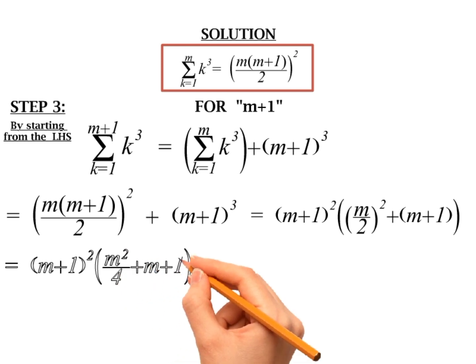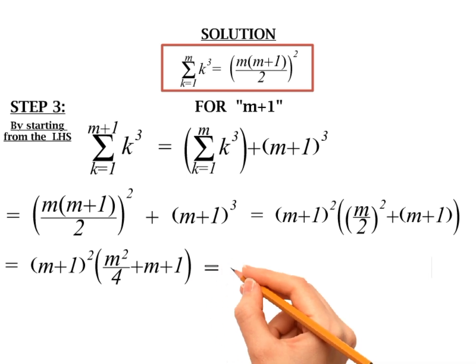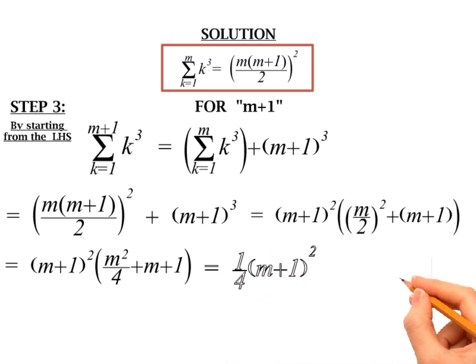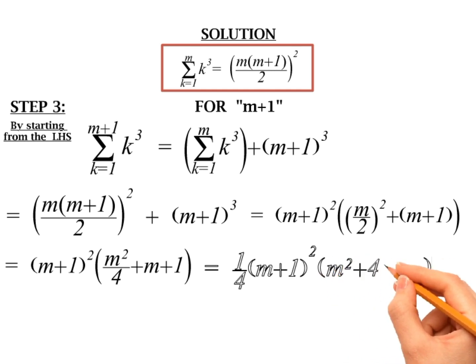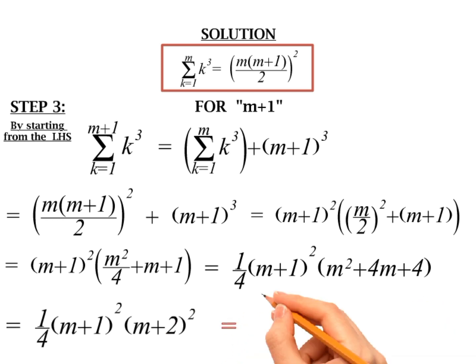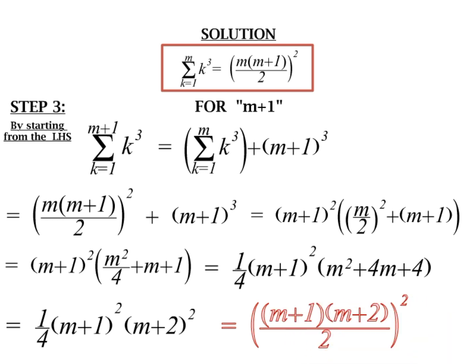Take the LCM of the expression in the bracket and convert the expression to a single fraction. Follow the steps carefully. This gives a result of ((m+1)(m+2)/2)².